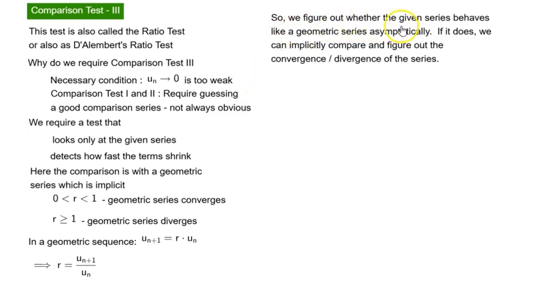So, we figure out whether the given series behaves like a geometric series asymptotically. What does asymptotically mean? It means for sufficiently large n. So if it does, we can implicitly compare and figure out the convergence or divergence of the series.